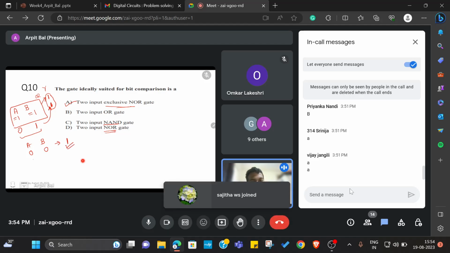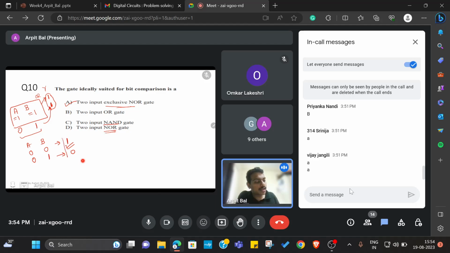If I take dissimilar bits, 0 and 1, XNOR output will be 0. So what we can say from this is XNOR is able to identify the similar and dissimilar bit patterns. If you give similar bit pattern 1 1, XNOR is going to say that it is 1, that it is matching. If it is 1 0, it is going to give you 0.